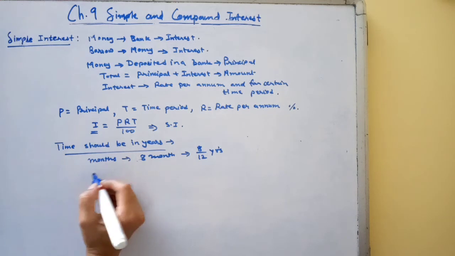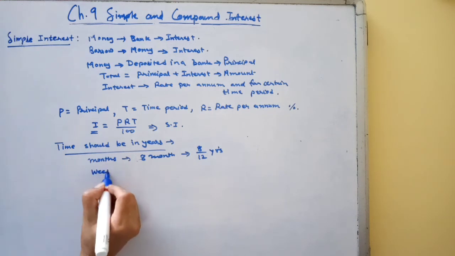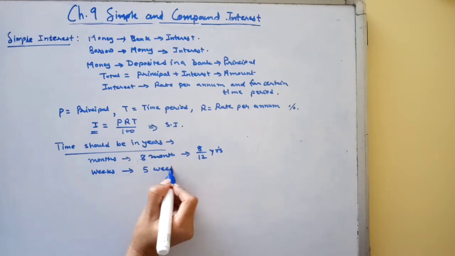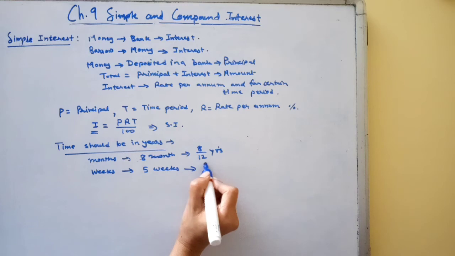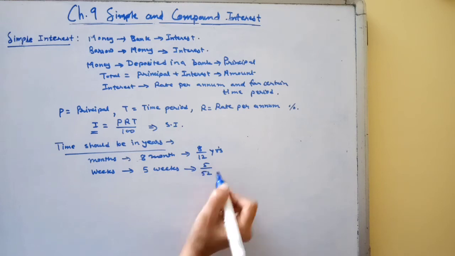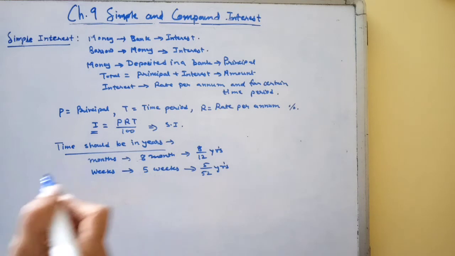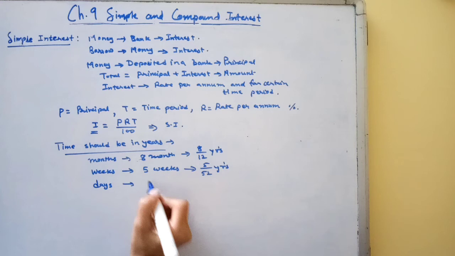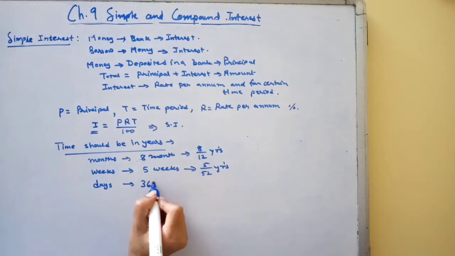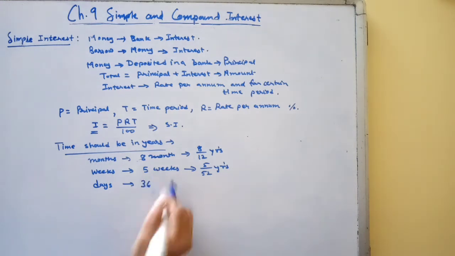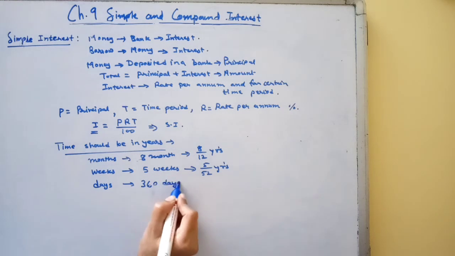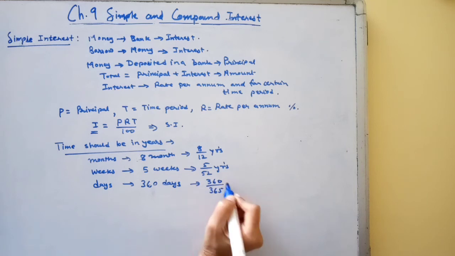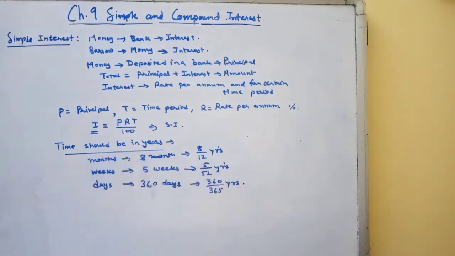When the time is given in weeks, suppose 5 weeks, then divide it by 52 and convert it into years. When time is given in days, then divide it by 365 and convert it into years.